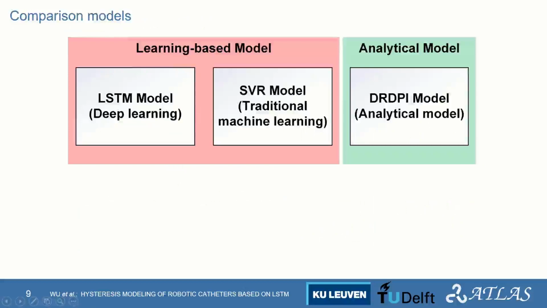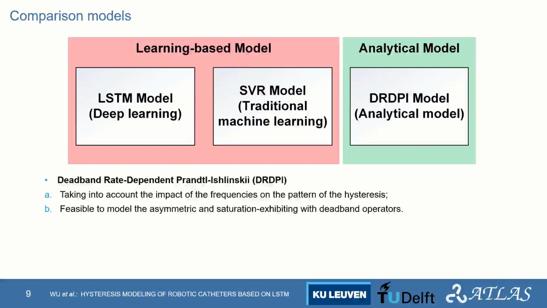In order to form a comprehensive comparison, we choose 2 methods to compare with the LSTM. One of them is an analytical model called the deadband rate-dependent Prandtl-Ishlinskii model, namely the DRDPI model. The DRDPI model is a sophisticated and practical model that takes into account the impact of frequencies on the pattern of the hysteresis.